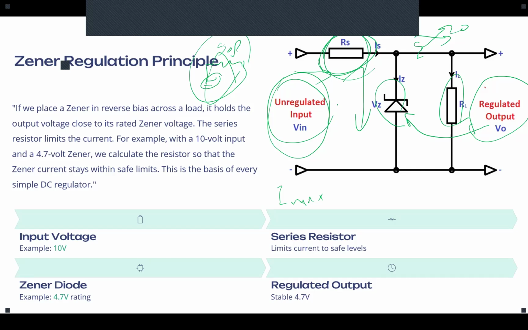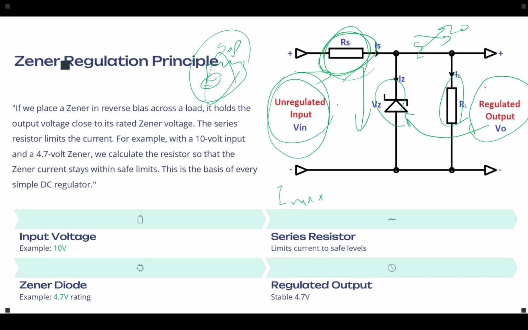Now, when we talk about voltage regulation, remember, the assumption is that the source is going to have a variation. That means if you have a 10 volt source, you are not always going to get 10 volts at the output.